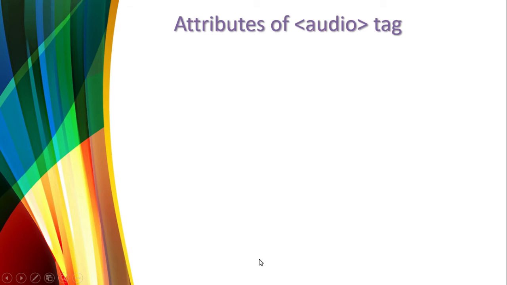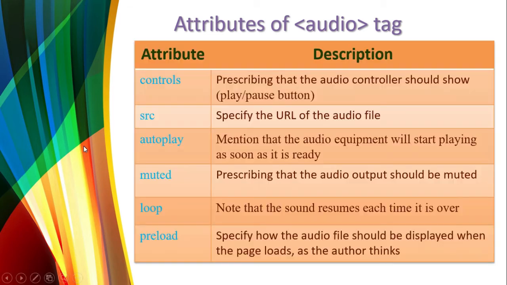And also, there are some attributes which we can use in the audio tag. Controls prescribes that the audio controller should show, for example the play button, pause button, and so on. SRC is the URL of the audio file. Autoplay mentions that the audio will start playing as soon as it is ready to play.